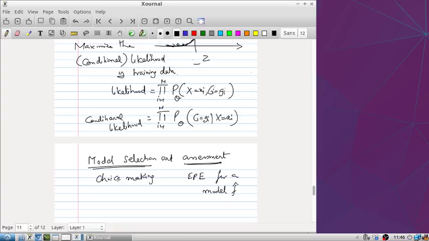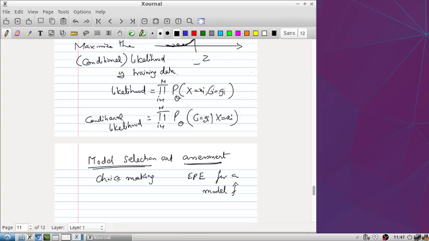It could be the choice of should I use LDA versus logistic regression versus linear regression? It could be as different as that, very different models. Or it could be within a single model class. For example, with ridge regression, what is the choice of lambda? These are all choices that you need to make.